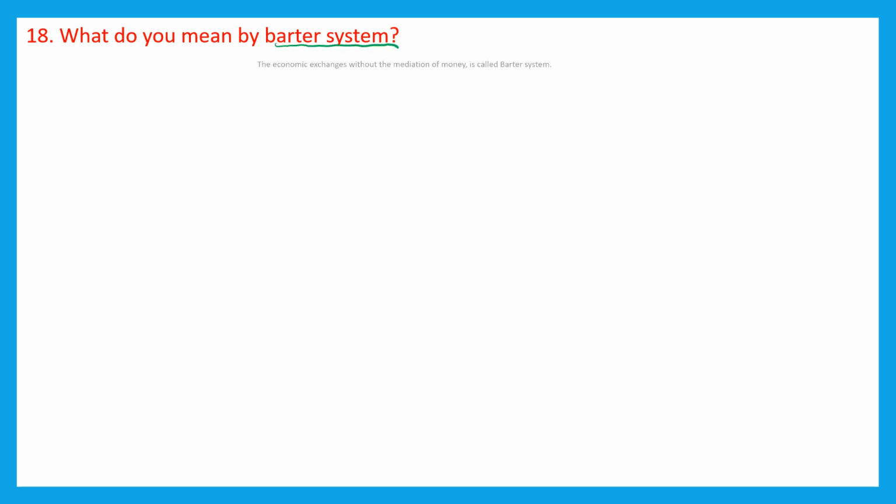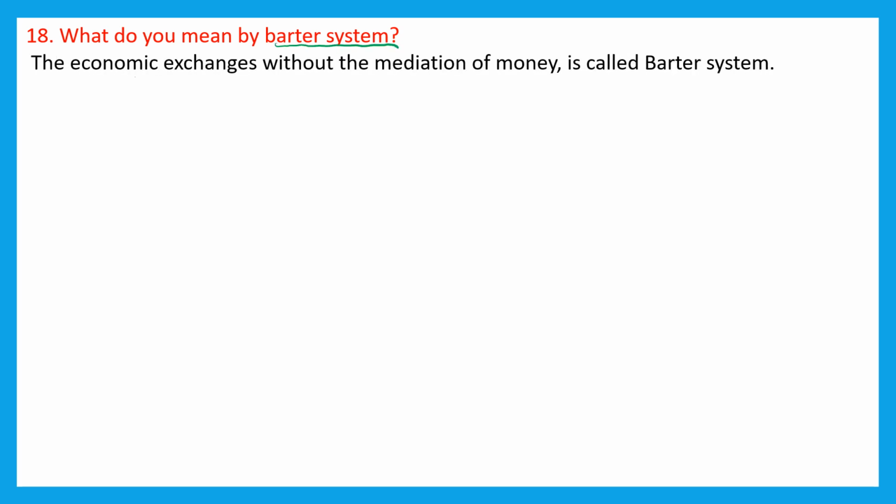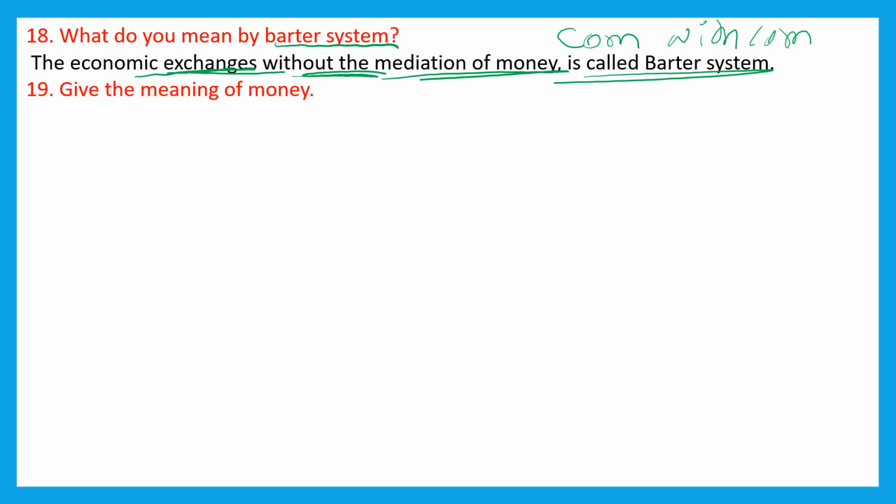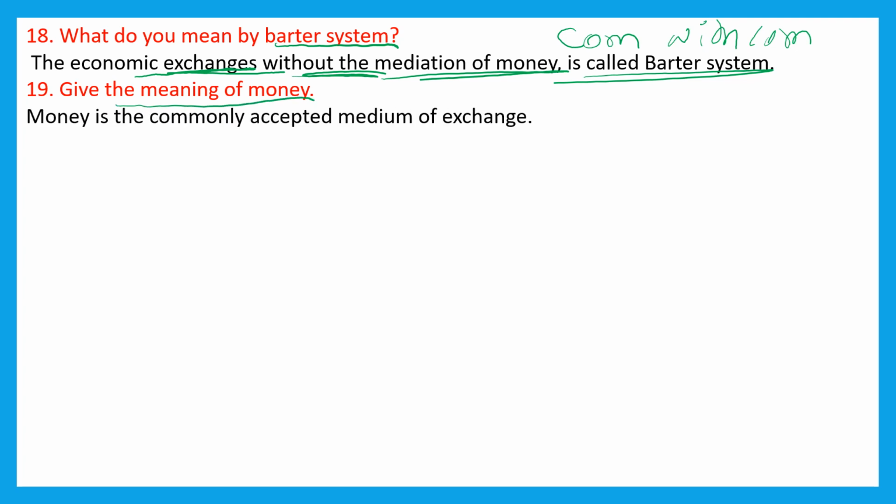Economic exchanges without mediation of money is called barter system, or exchanging commodity with commodity, we call it barter system. Give the meaning of money.